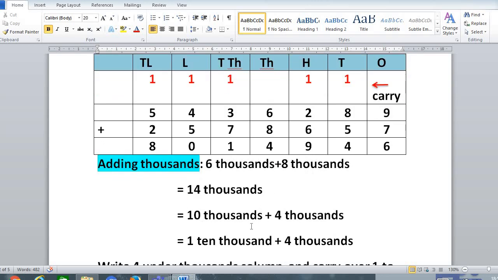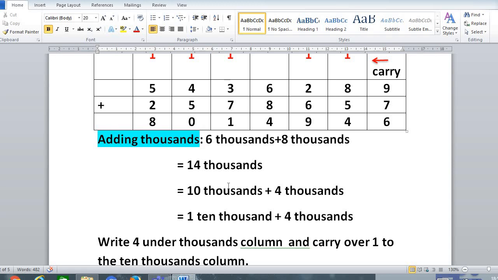But 14,000 can be written as 10,000 plus 4,000. 10,000 means 1 ten thousand. We can write it this way, 1 ten thousand plus 4,000. So this 4, we write under the thousands column, and carry over the 1 ten thousand to the ten thousands column.